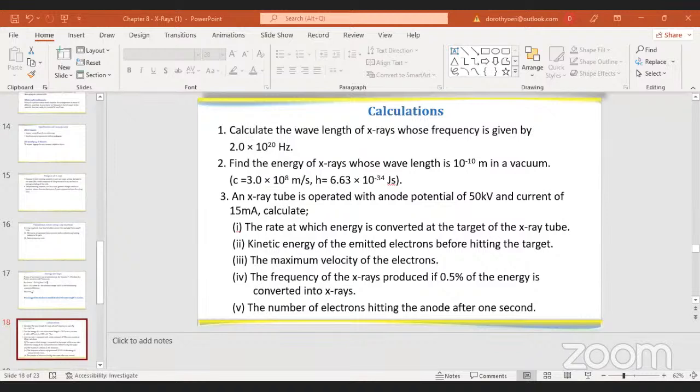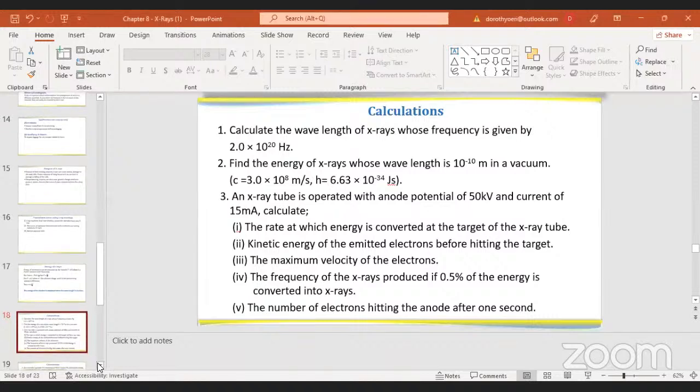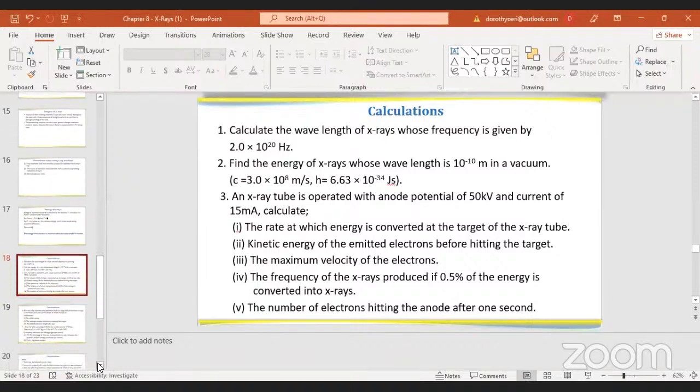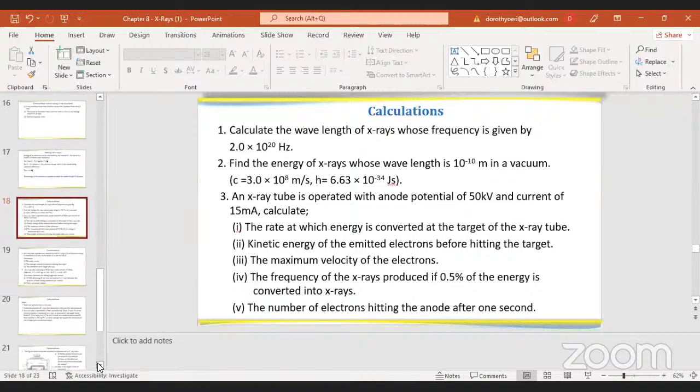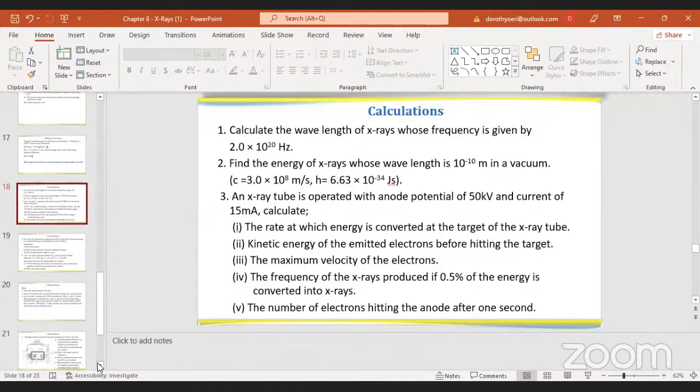Question 2. I can see one person has responded.